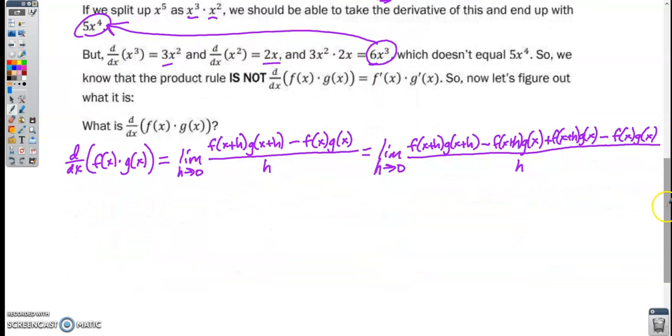By splitting these into two limits, I'm going to group these two terms together as one limit, and I'm going to group these two terms together as another limit.